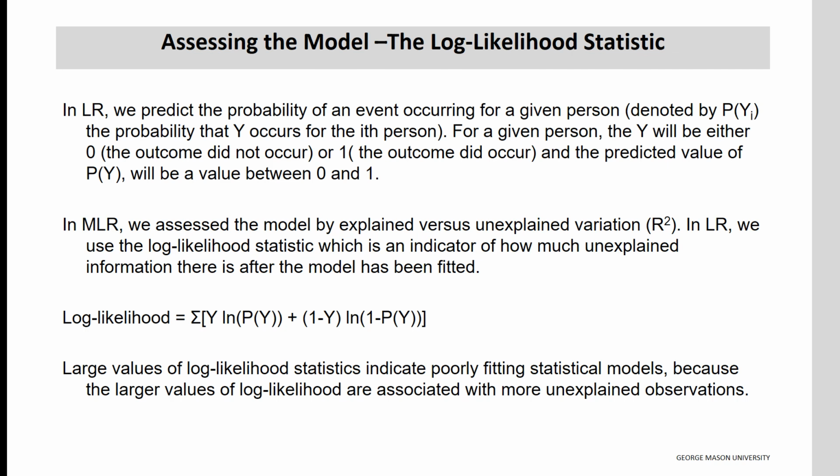In logistic regression, we use the log likelihood statistic, which is an indicator of how much unexplained information there is after the model has been fitted. Large values of log likelihood statistics indicate poorly fitting statistical models because the larger values of log likelihood are associated with more unexplained observations.